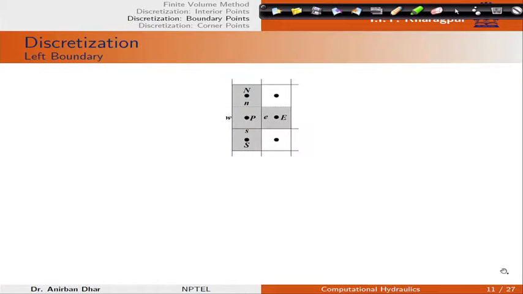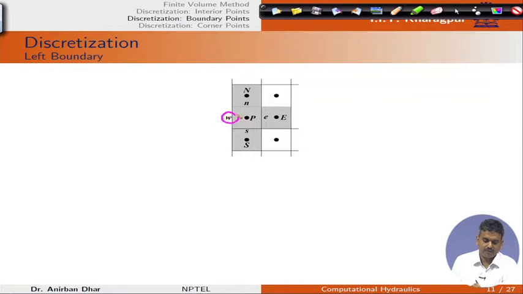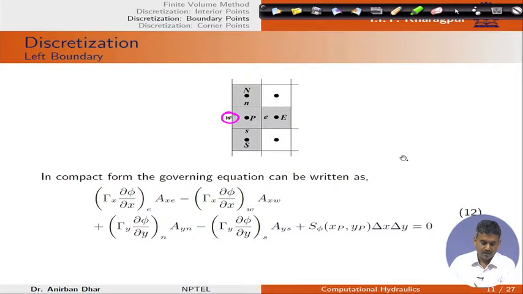Now, we need to consider the left boundary. Left boundary main point is that at west phase we have specified value. So, if we consider our original equation, we need to change this derivative, otherwise we have north, south, east cells available.